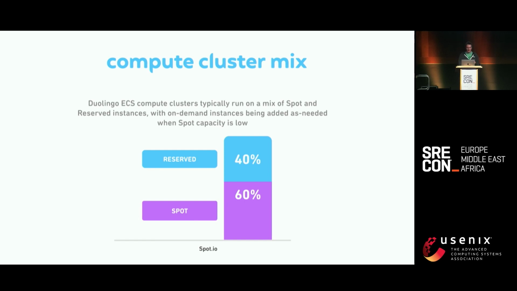So we have RIs in the mix, we have savings plans, and we have spot instances, and then also on demand when we need additional capacity, we're willing to pay that extra price. So as you can see, we're pretty heavy on spot. One of the advantages of this is we kind of have built-in chaos testing. So our services need to be pretty resilient because machines shut down all the time and auto scale.